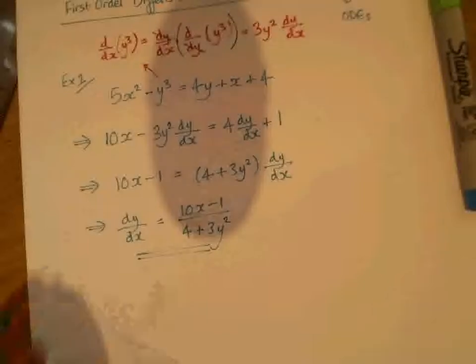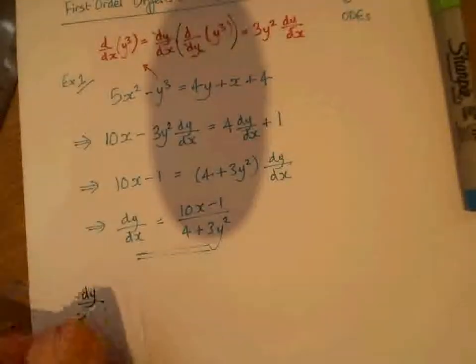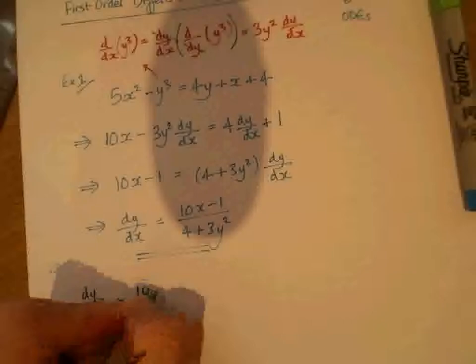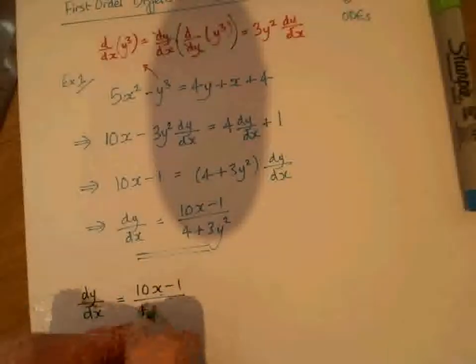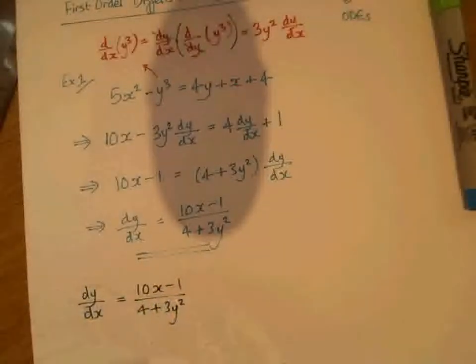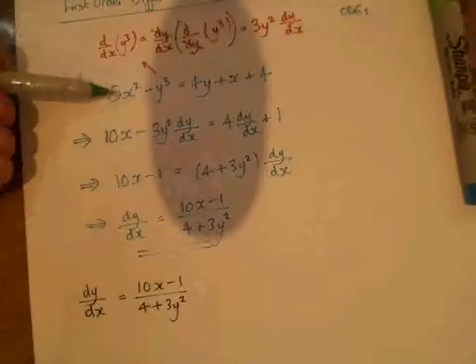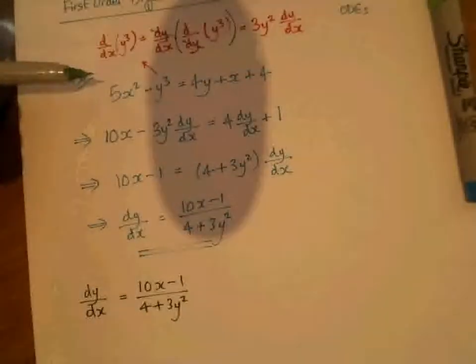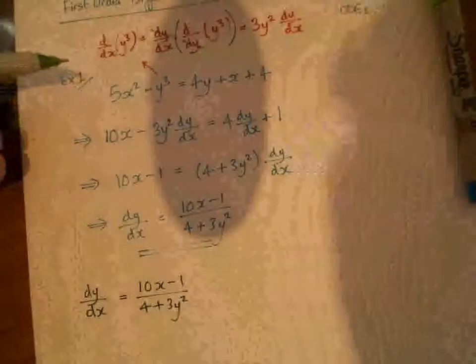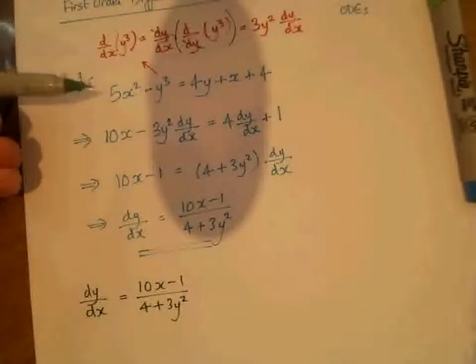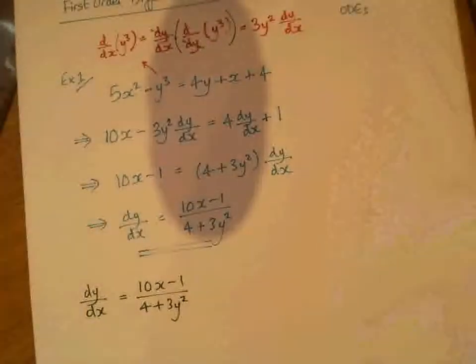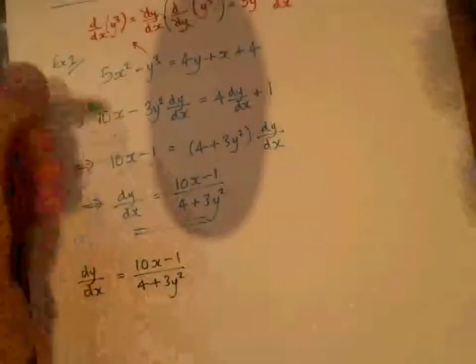So we're going to be given the differential equation and asked to essentially solve it, in other words, to find it in terms of, in our case, x and y.